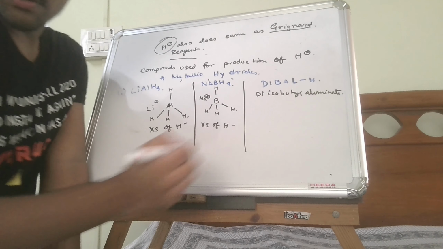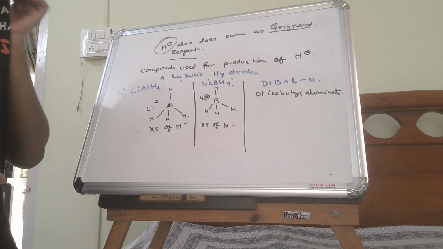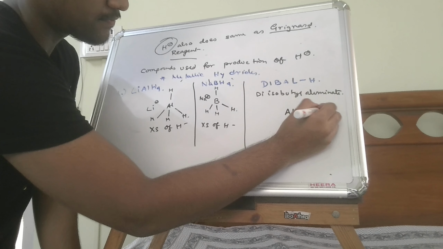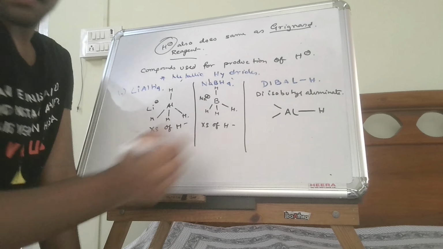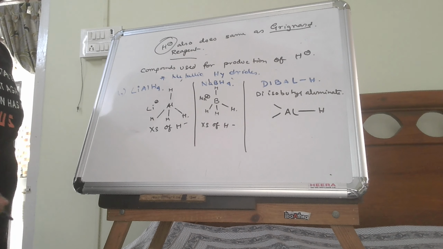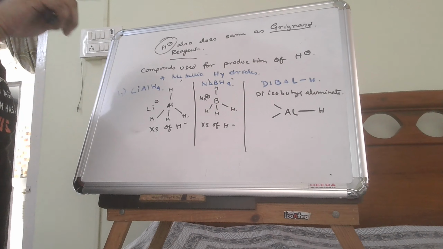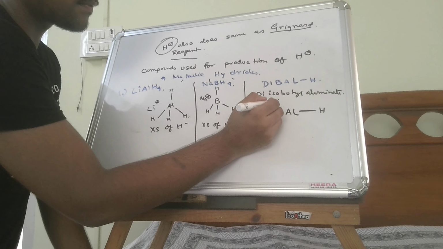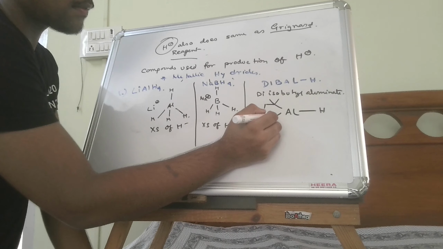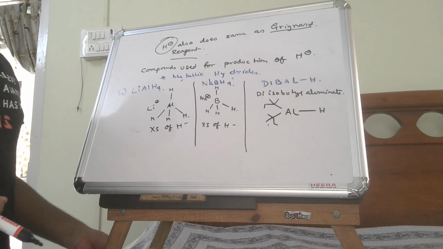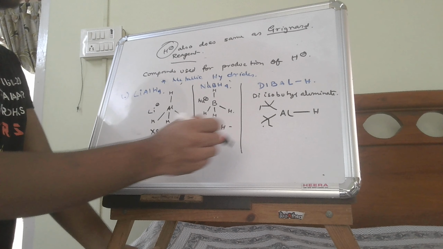Now what is the structure of diisobutyl aluminium hydride?